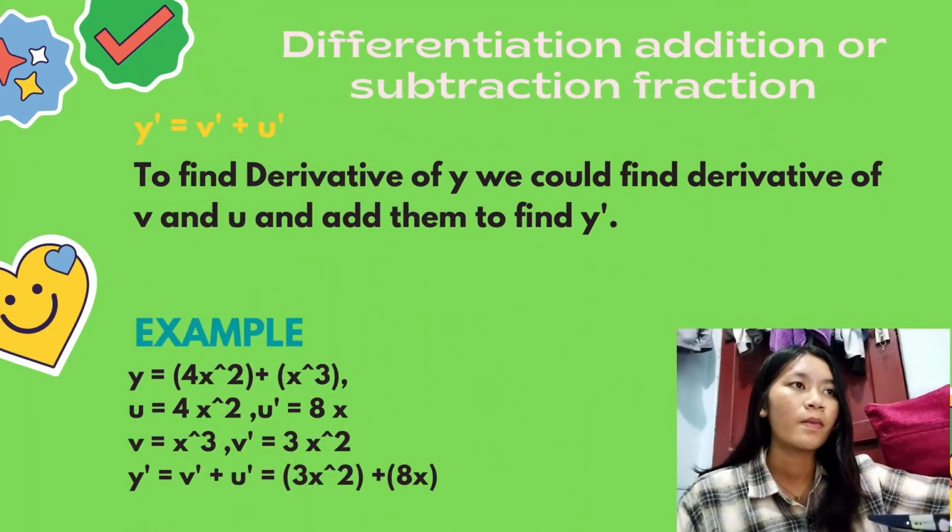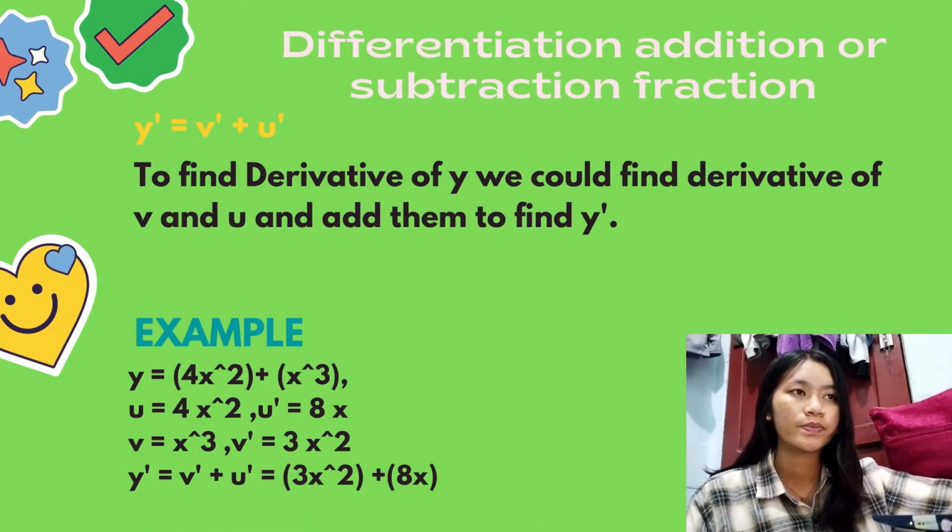Differentiation of a sum of functions. y equals u plus v, where u equals g(x) and v equals h(x), then dy per dx equals du per dx plus dv per dx.